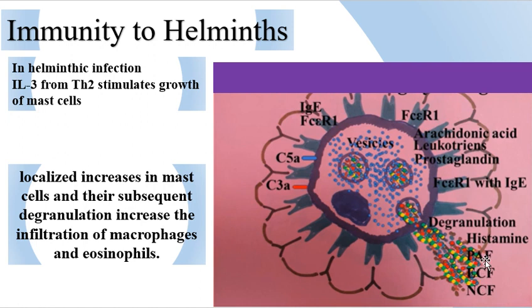These are platelet activating factor, eosinophil chemoattractant factor, neutrophil chemoattractant factor. So localized increases in mast cells at the site of infection and their subsequent degranulation, as can be seen here, increase the infiltration of macrophages and eosinophils in helminthic infection.